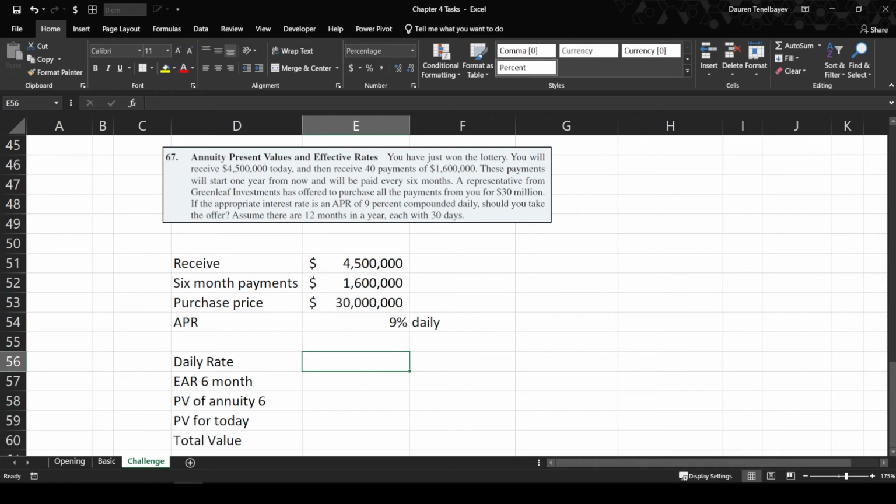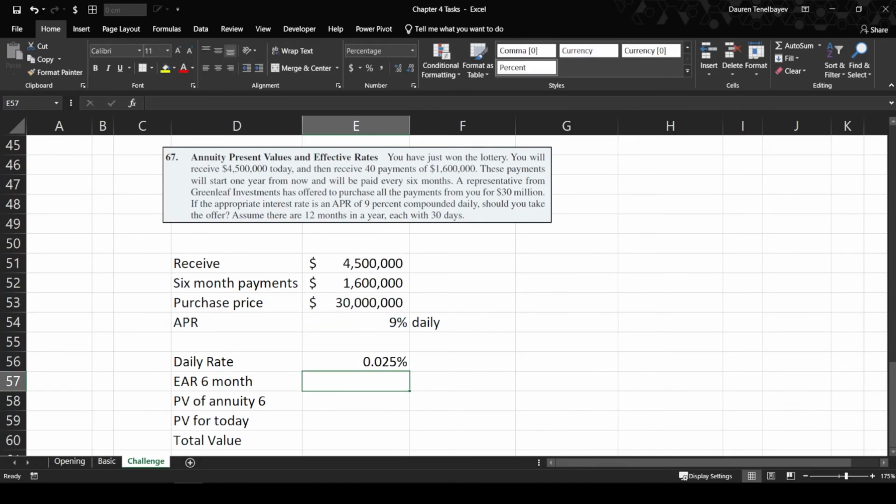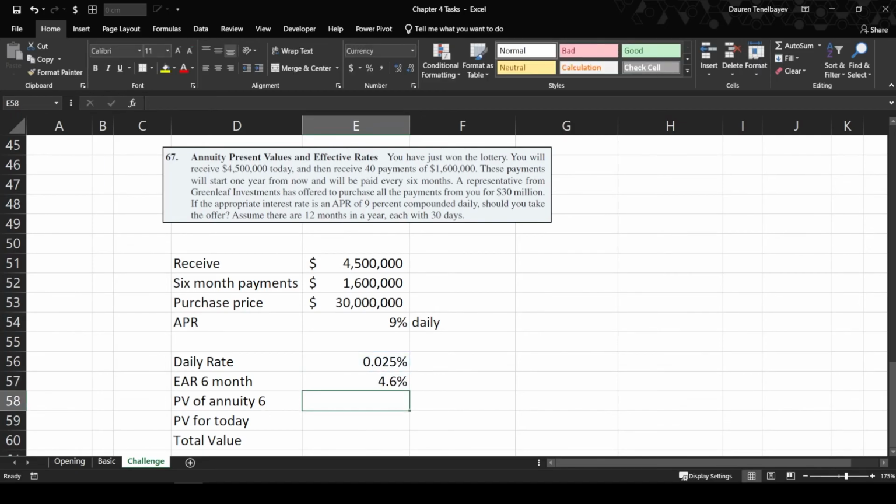Since the payments occur at 6-month intervals, we need to get the effective 6-month interest rate. We can calculate the daily interest rate since we have an APR compounded daily. So our daily interest rate is 9% divided by 360. And our effective 6-month interest rate is open brackets 1 plus our daily rate to the power of 180 minus 1. And 4.6.